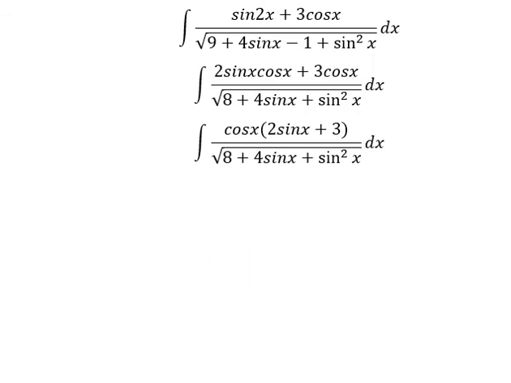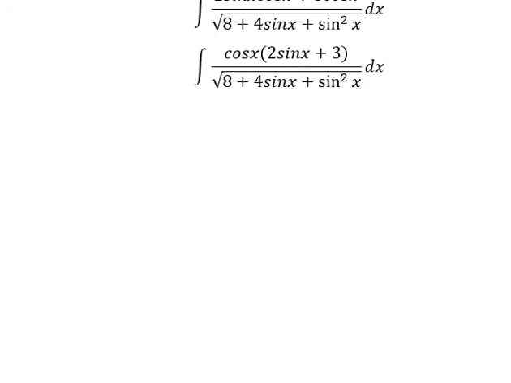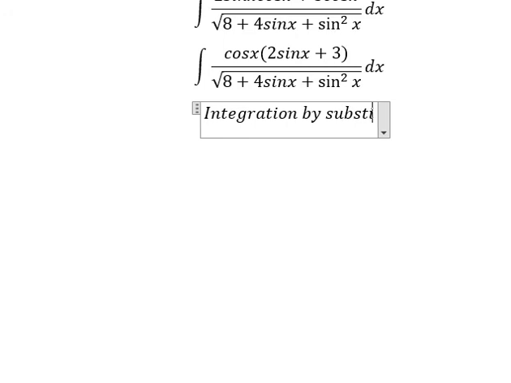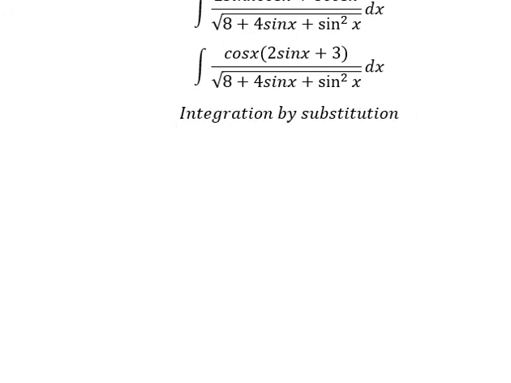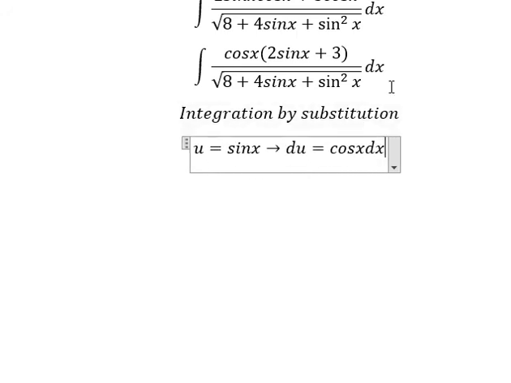Next, we need to use integration by substitution. So I will put u equals sine x. After that, we need to do the first derivative for both sides, and we have cosine x dx.